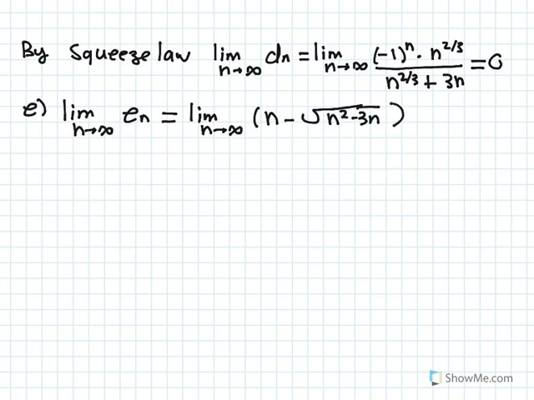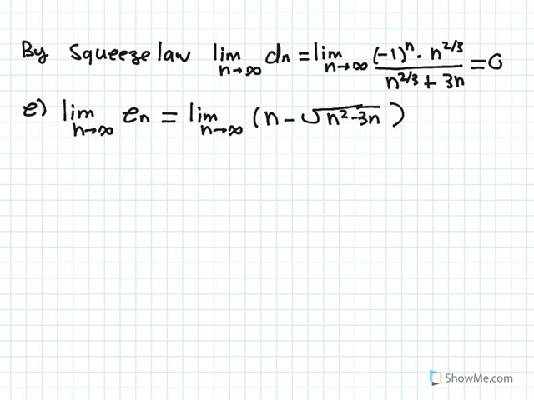Now, if you look at this pattern, it's going to be infinity minus infinity because inside the root sign we have n squared minus 3n, which is going to grow to infinity as n goes to infinity. So what do we do? This is where intuition comes in. Basically, we multiply by the conjugate of n minus root of n squared minus 3n, which is n plus root of n squared minus 3n. That way we can form a denominator and divide by the highest power in the denominator.